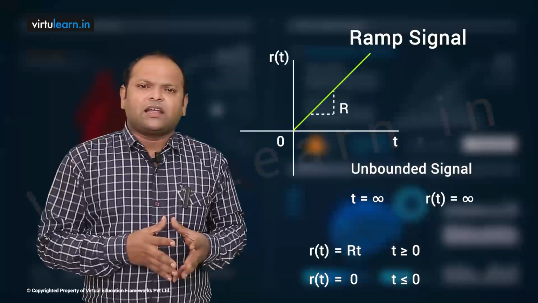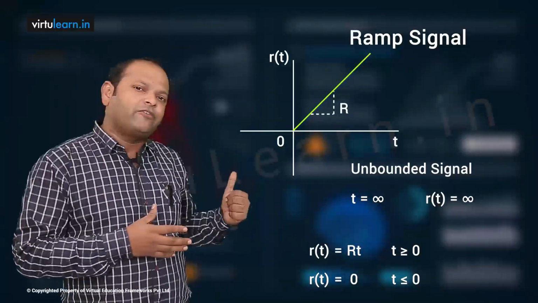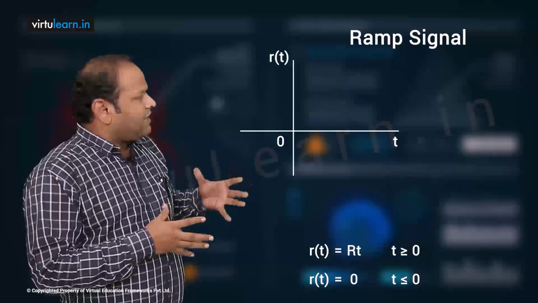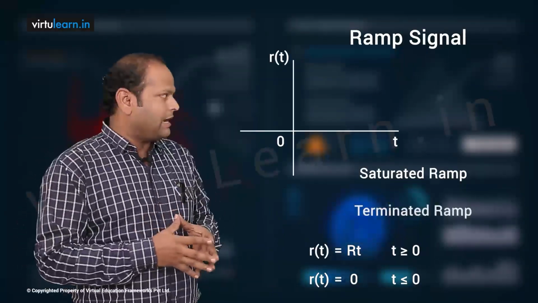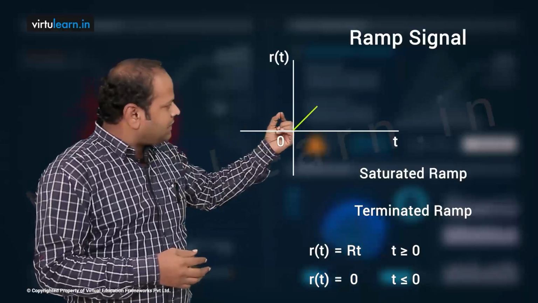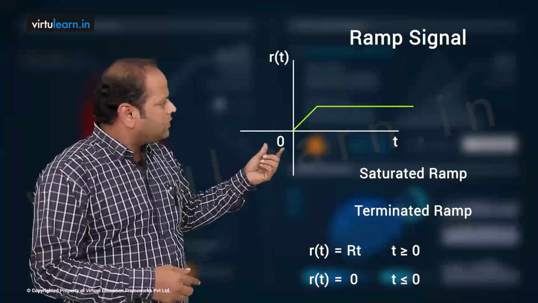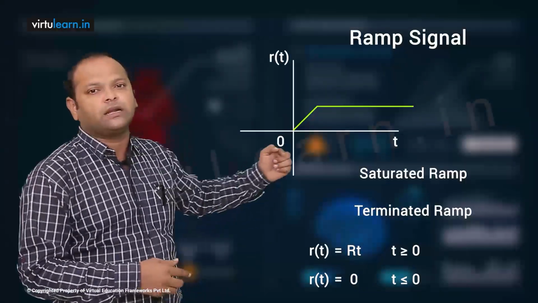Practically, we are going to give this kind of input to the system for a long time. So generally we give a saturated ramp or terminated ramp. What will that be? Initially it increases and then we will have the step. The combination of the ramp and the step is called terminated ramp or saturated ramp.